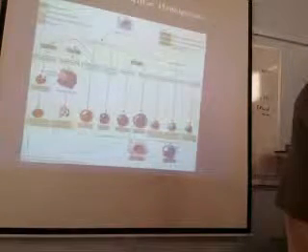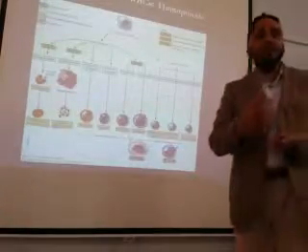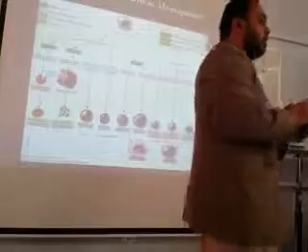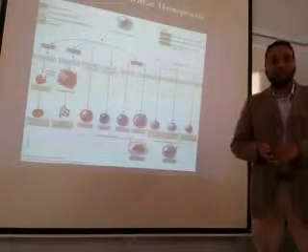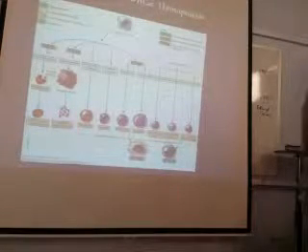The initial stage, or the initial cells, in hemopoiesis, that phase is called the blast phase. Why?